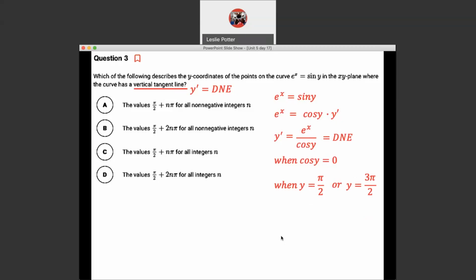So knowing that, we need to look at our options here. The real thing is all of these options apply to the pi over 2 plus n pi, like options A and C would catch pi over 2 and 3 pi over 2.